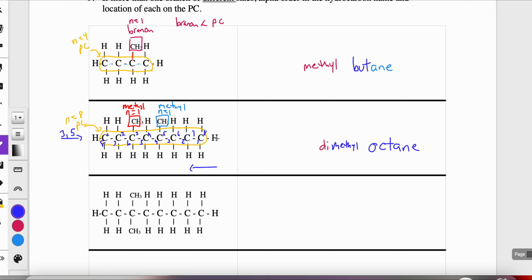When we go right to left, the blue one is on carbon 4 and the red one is on carbon 6. So we go with the lowest combination, and in this case the lower combination 3,5 is better or lower than 4,6. So these are the numbers we put out front. So we have 3,5 dimethyl octane.